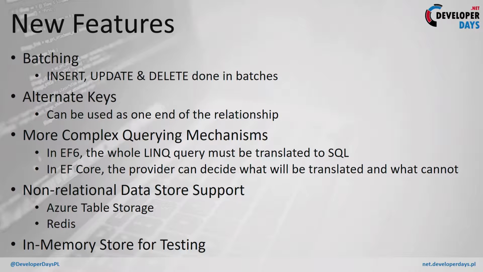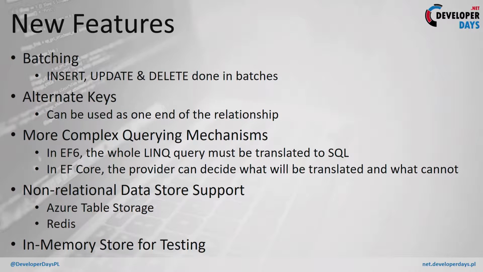Another new feature you can try right now, it's working, is alternate keys. It means that, for example, if you have the users table, there is some ID, which is an integer, but users use, for example, email address or username as the unique identifier of the entity. So you can tell Entity Framework that, yes, there is a primary key, which is ID, identity 1-1, or something like that, and also there is an alternate key, for example, the username, which also must be unique.